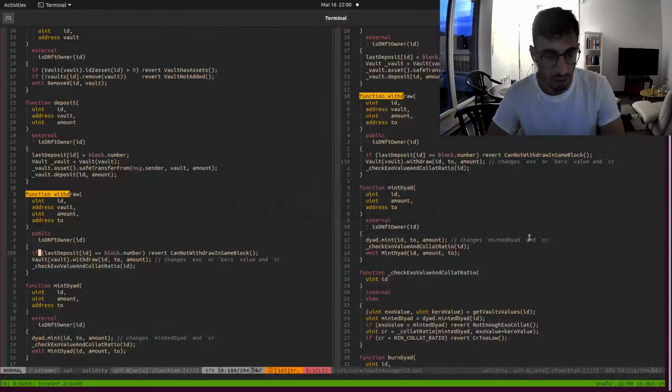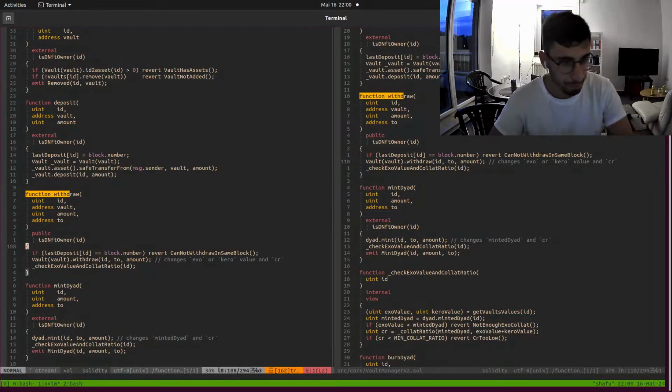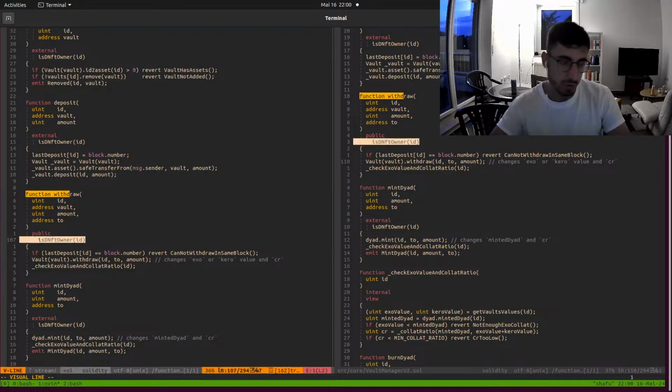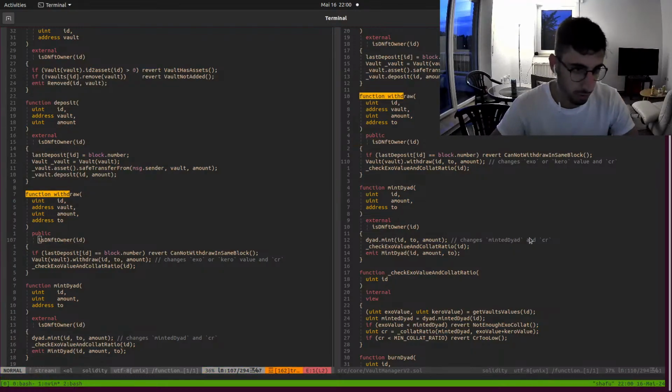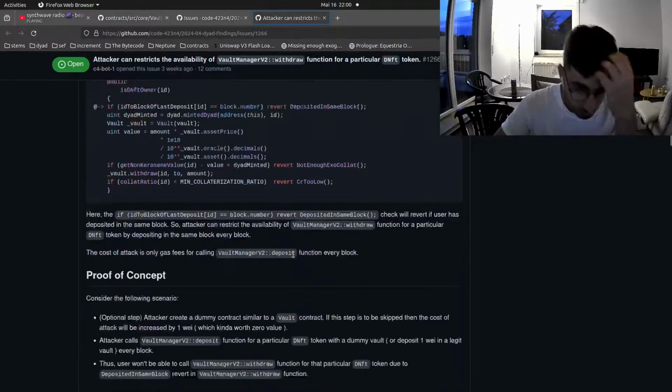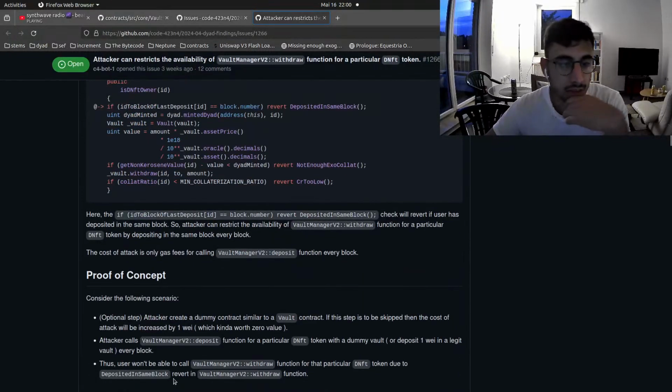Awesome. Okay, so we check in the withdraw function if it's the DNFT owner or not. So that should be fixed, and the vault thing is a user error.